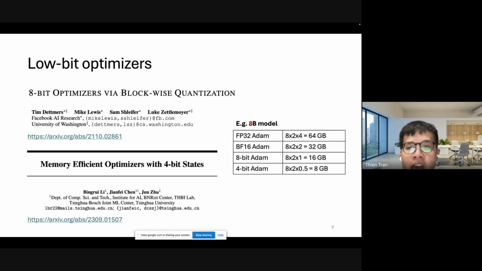For example, for an 8 billion parameter model, if we store the optimizer state in FP32, it will be 64 gigabytes. But if we quantize down to, for example, 4 bit, that will be only 8 gigabytes. So that's a huge amount of savings. I think this is very useful. This will be the first thing you should try when you want to introduce low bit into your training stack.